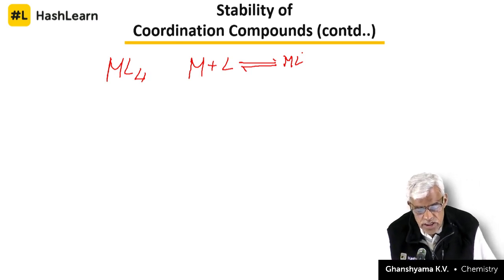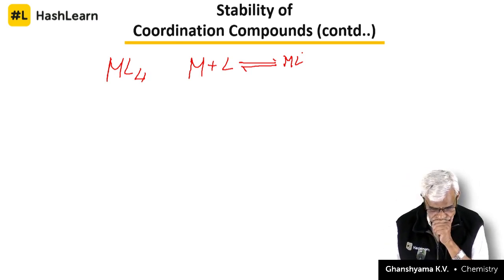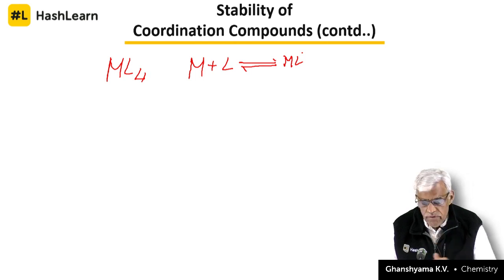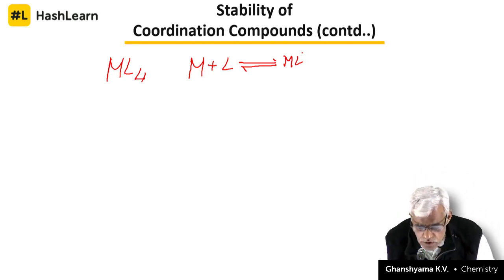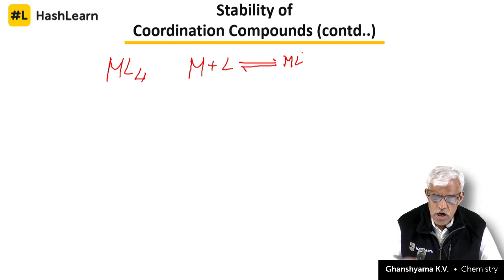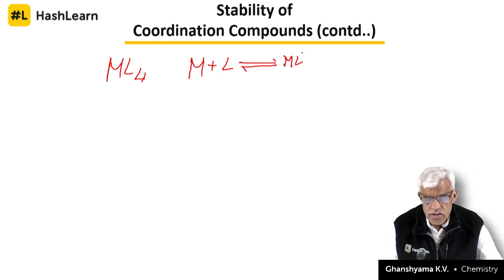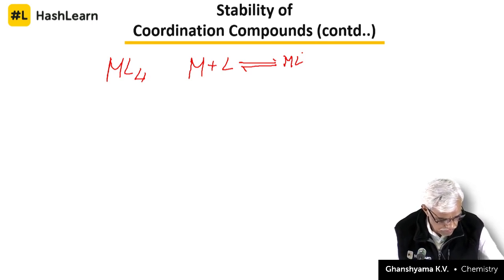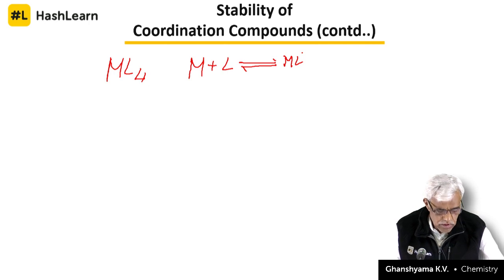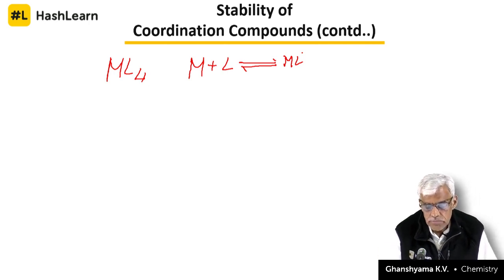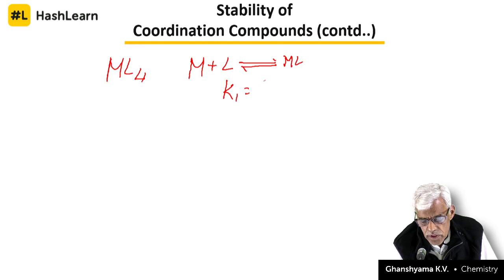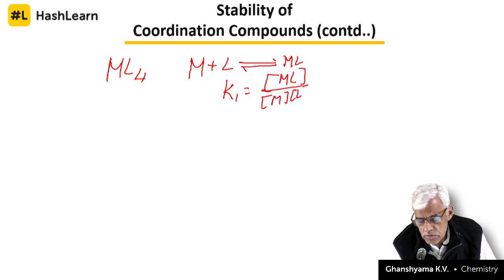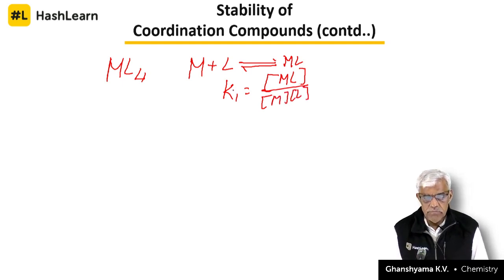Here there is association of metal with the ligand. Therefore, it is association energy or stability, the energy involved in the stability. It's called stability constant. I will call it K1. K1 is equal to, according to law of mass action, ML divided by M into L.